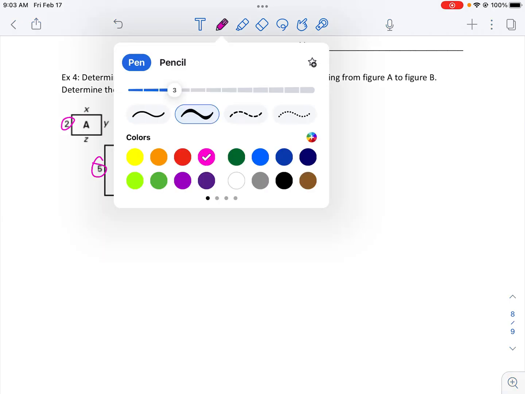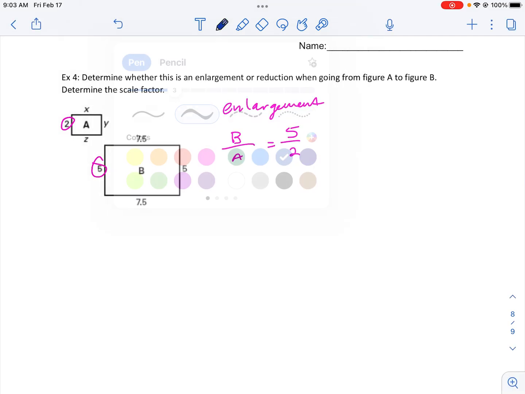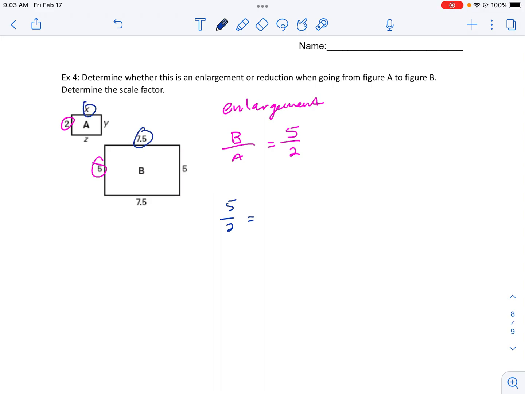So in order to figure out your other values, you're just setting up a ratio or a proportion. So if I have 5 over 2, and I want to look for X, well, 5 is associated with the 7.5, and X is associated with the 2. So I just need to cross multiply and divide.